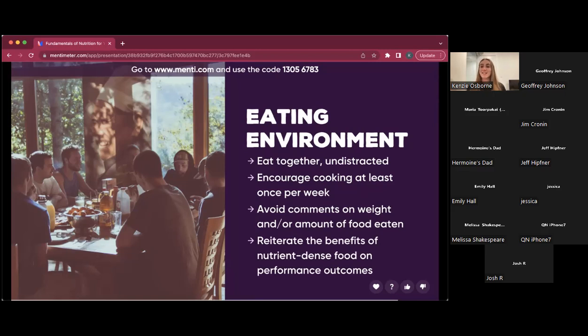Really trying to encourage that what you're doing in terms of nutrition can help you on the court, can help you become a better athlete, can help you hit better balls, get to more shots. Making that connection and reiterating that connection can build a healthy relationship with food. It can also increase motivation to eat those healthier foods.